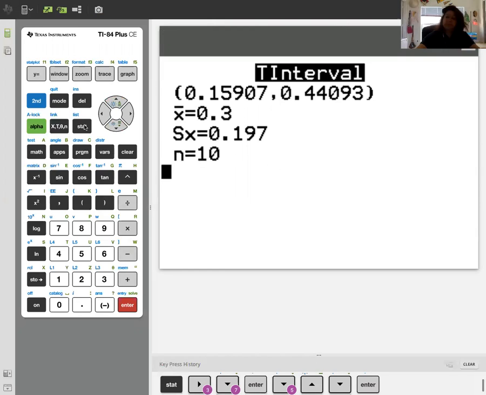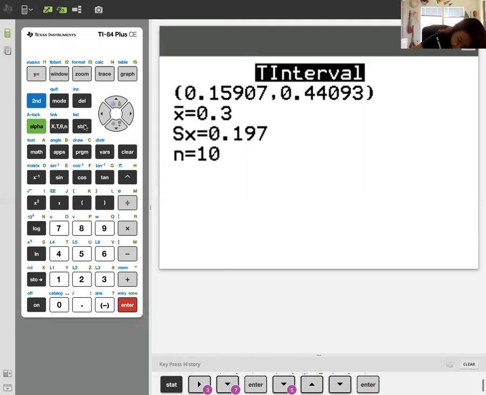And I get my interval to be 0.159, comma 0.44. T star, if you wanted to do this by hand, T star is going to happen at degrees of freedom 9, comma 95.